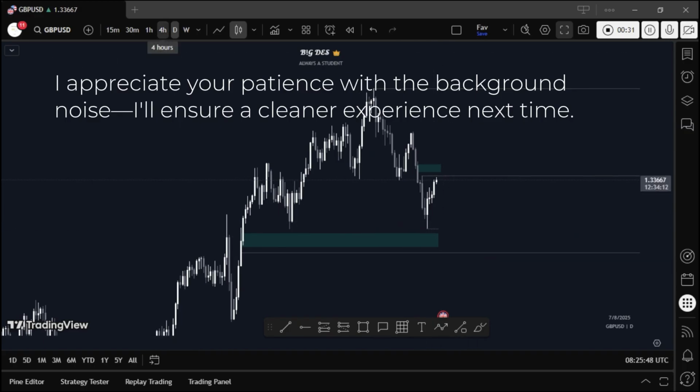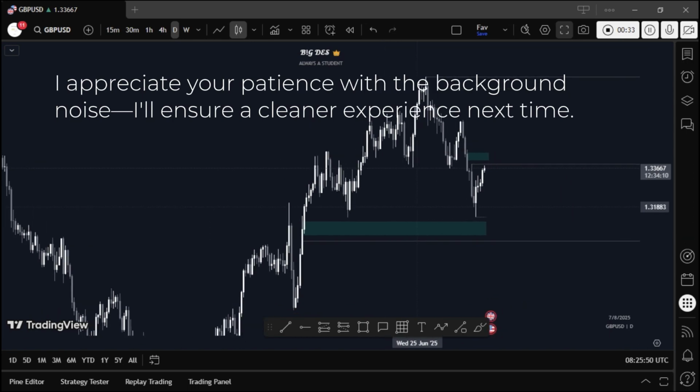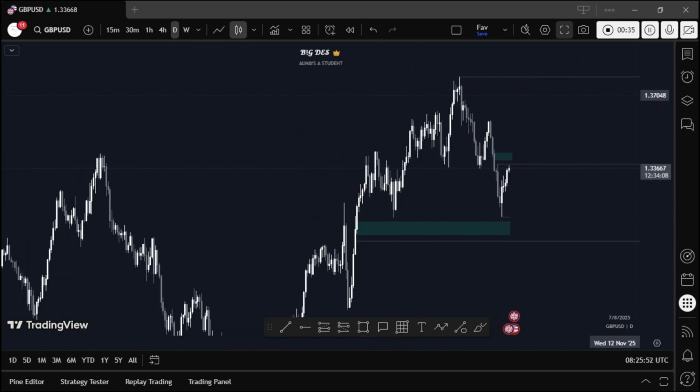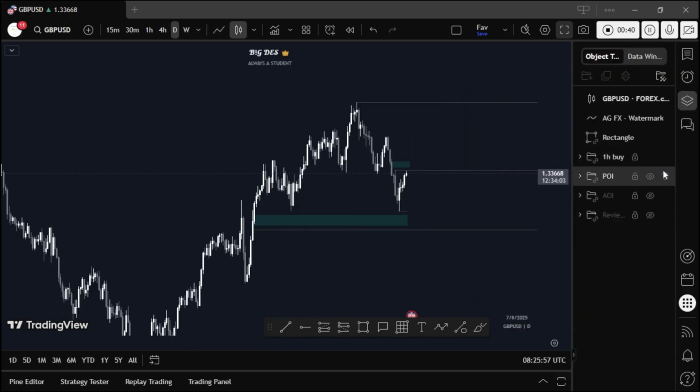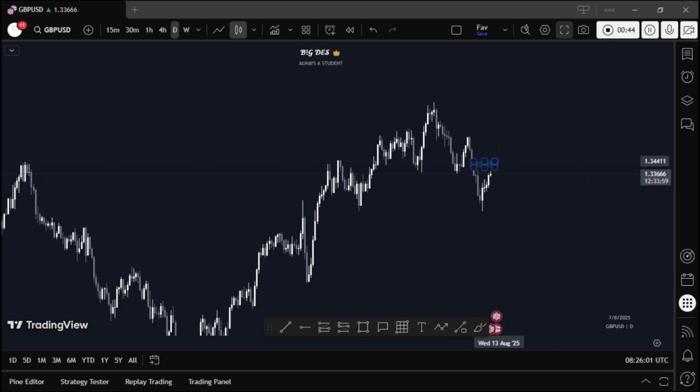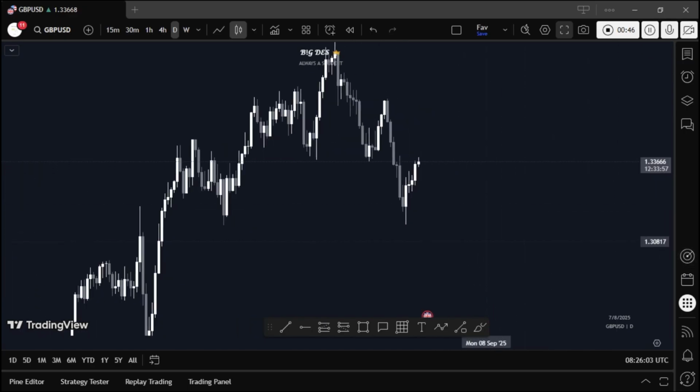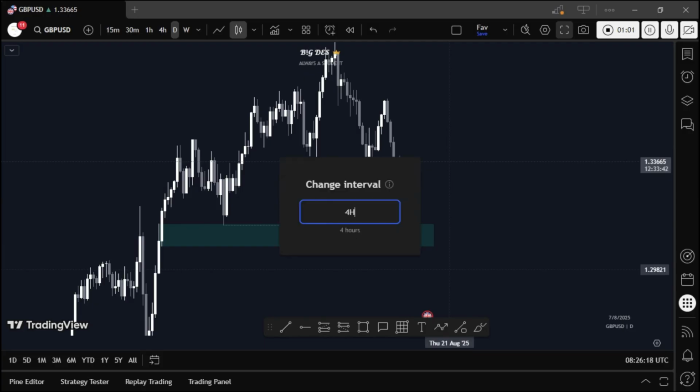Okay, continuation. So what I was actually looking at was that we take out this point over here, take out this, to mitigate this. There's a heading demand that was created here. It's over here, a heading demand.